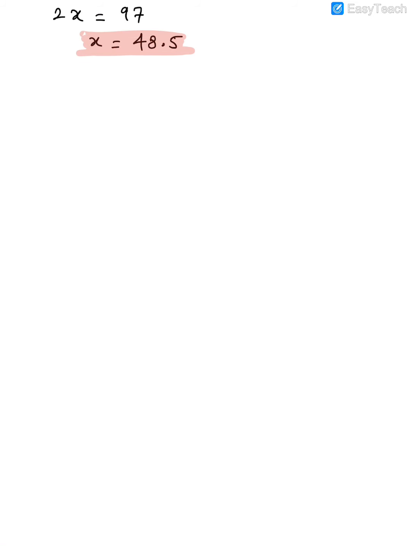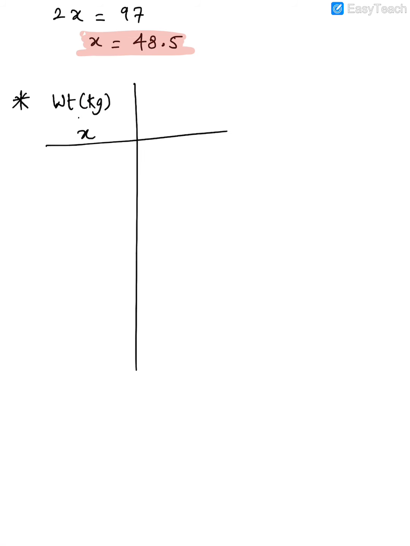So see, this one is a little tough now. Let's say you're given the weight of some people in kgs. We'll take that column as x. So say this is our x, then the number of people, number of students, or whatever it could be, is the frequency.